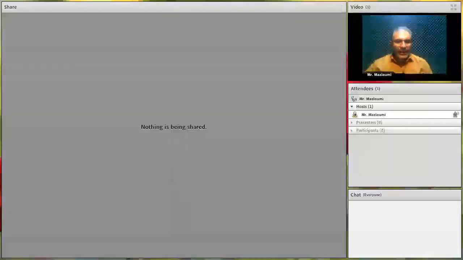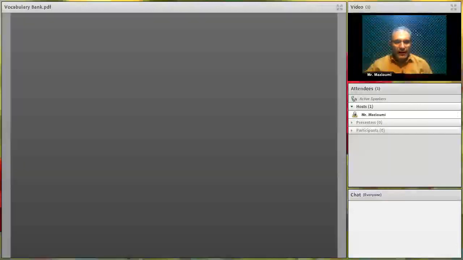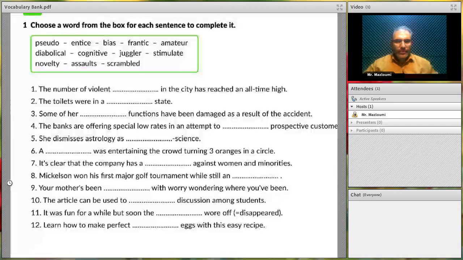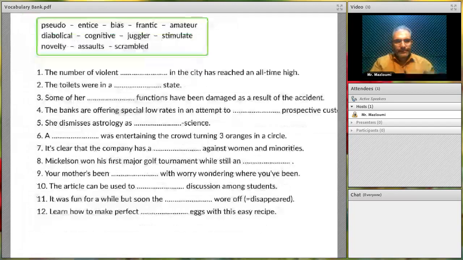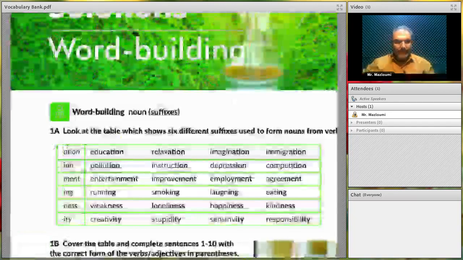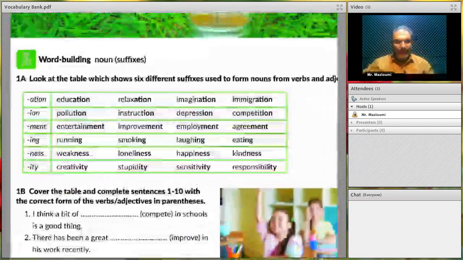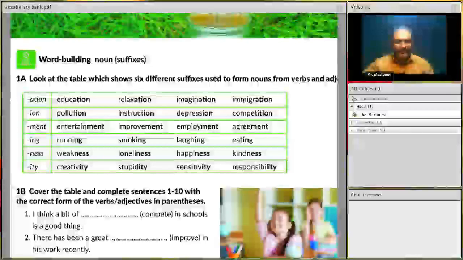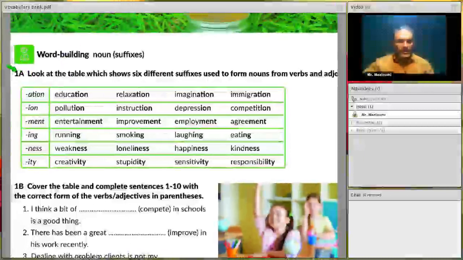All right, and the last part on page 42, there is a vocabulary bank, everyone. So go to page 42, the vocabulary bank. Yes, here. Word building, noun suffixes. 1a.